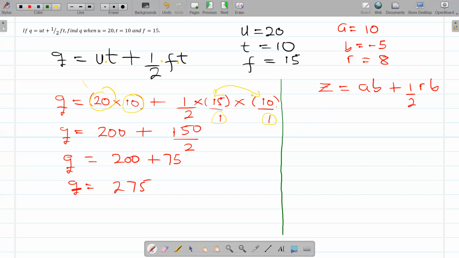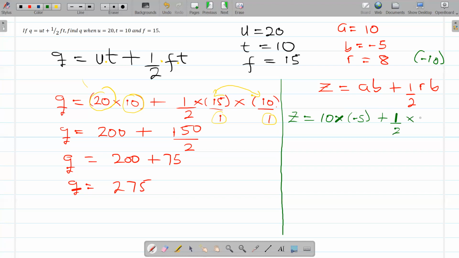Okay, so what's your answer? I got minus 10. Okay, so let me put that down here. So I did Z equals 10, so the A is 10, times minus 5. So minus 5 is the B. Plus half times 8 over 1.